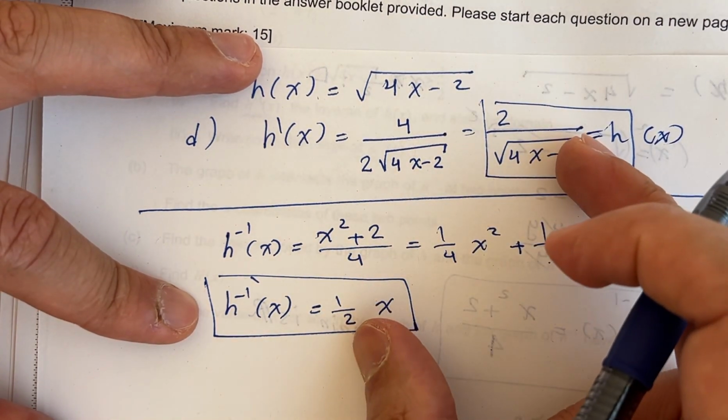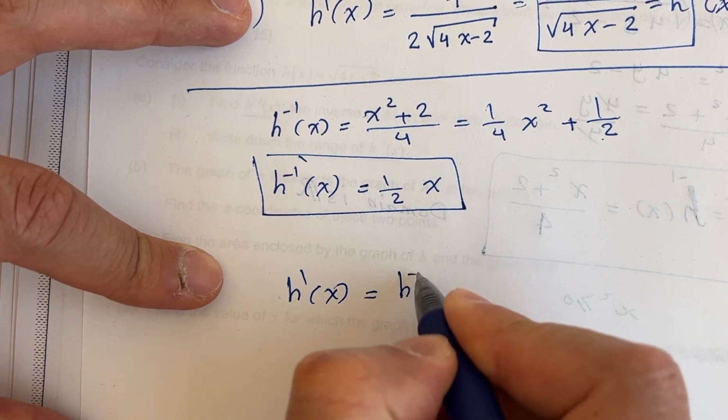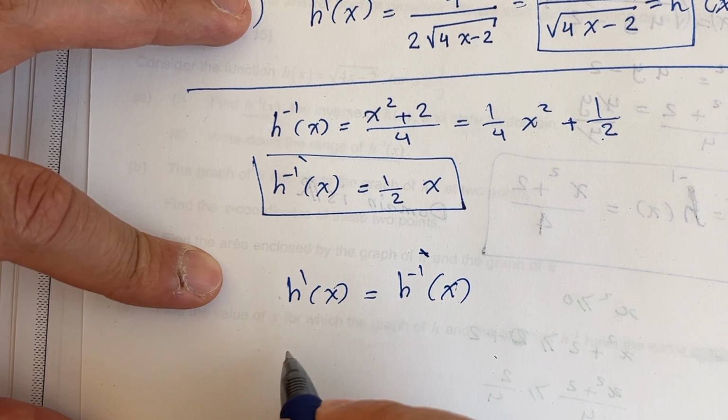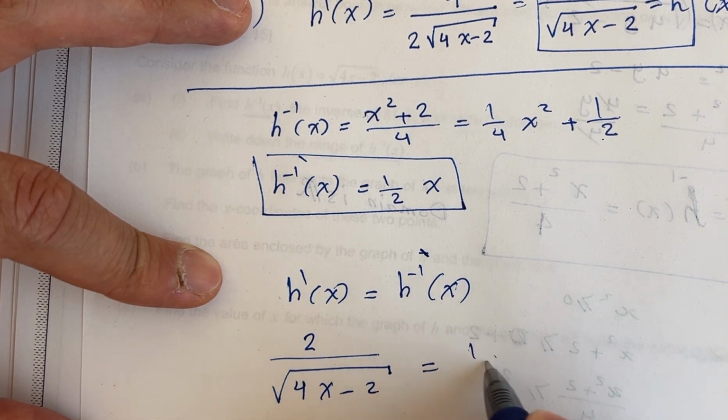So h prime x equals h inverse prime x. So 2 over root 4x minus 2 must equal 1/2 x, or x over 2.